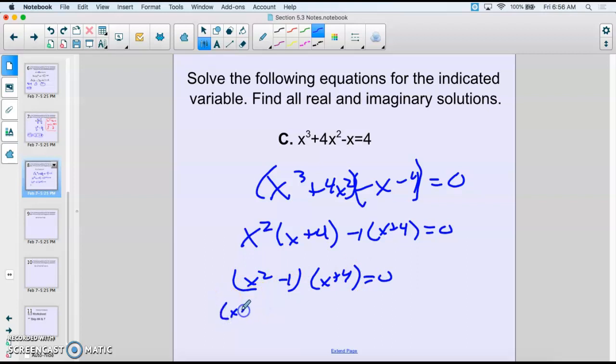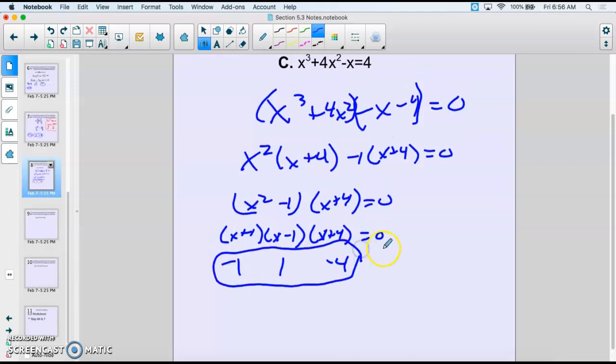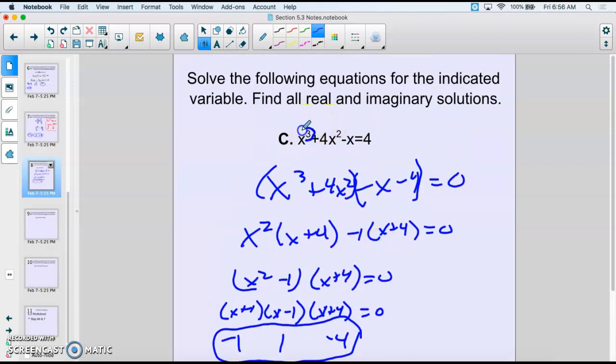That splits itself into x plus 1, x minus 1, and then x plus 4. And so x equals negative 1, 1, and negative 4. These are my 3 roots. Was I supposed to have 3 roots? Yes, I was. Okay, good deal.